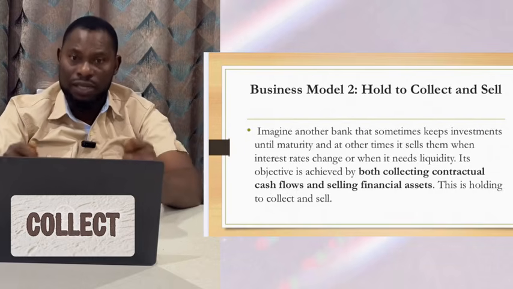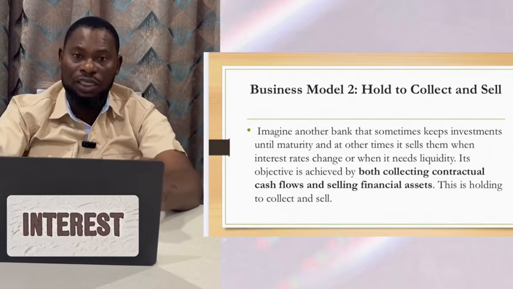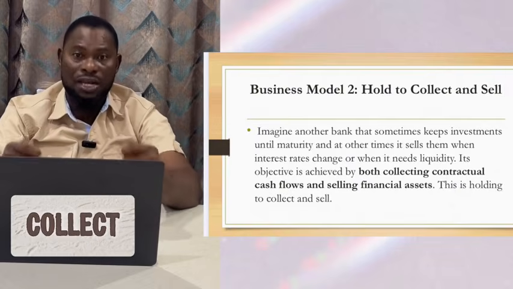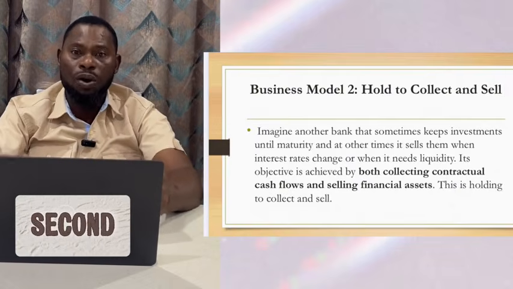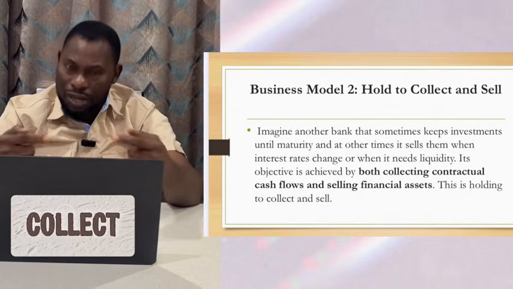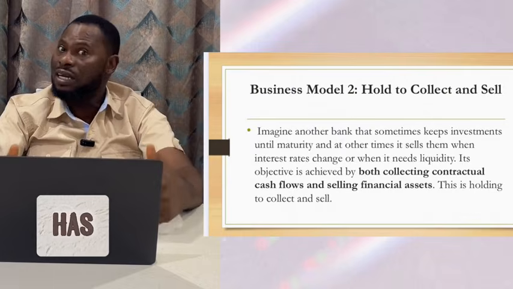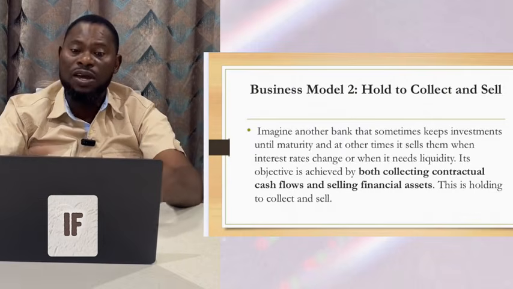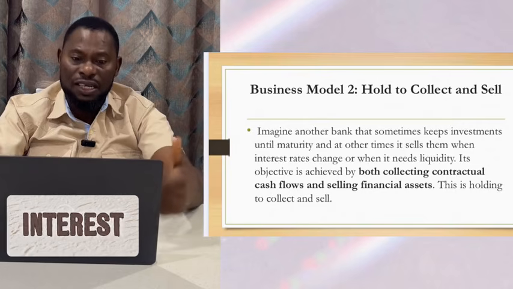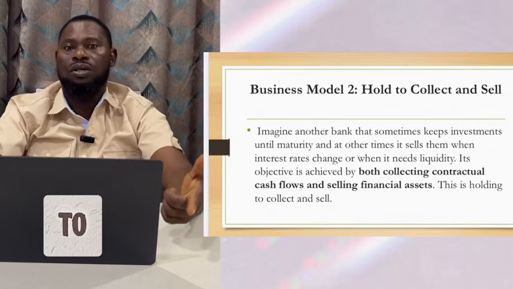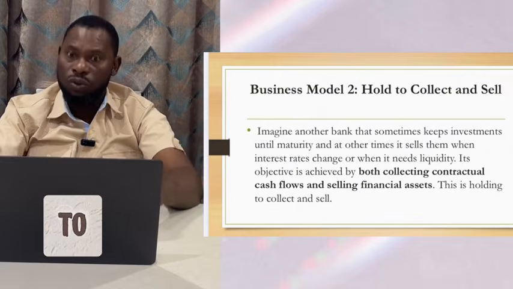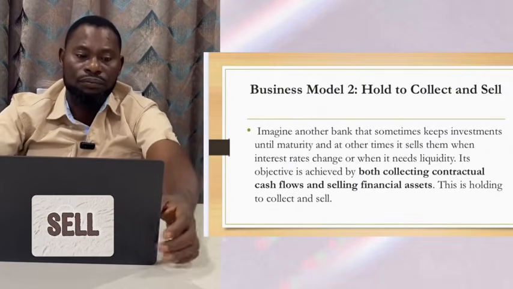Collect what? Collect contractual cash flows, that is interest, and upon maturity, you collect your principal back. This second company is holding to collect also, but also the company wants to sell if it has liquidity problems or if there is a favorable interest rate that will bring profit to the company. So this company is holding to collect and sell.